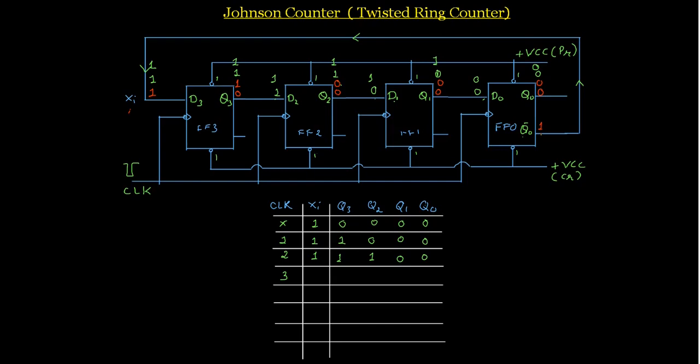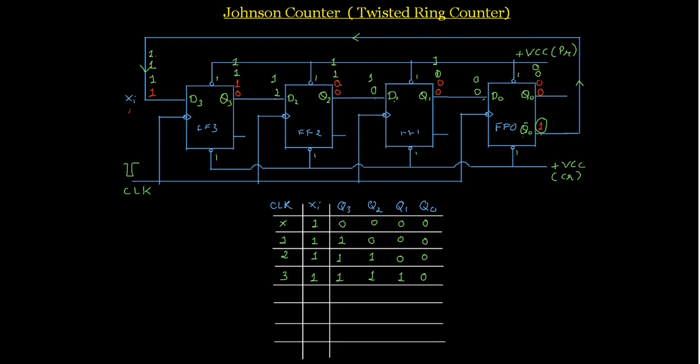So at the end of the third clock pulse, the Xi is 1 because Q0 is 1, so this is remaining high and appears at this point. Then Q3 is 1, Q2 is 1, Q1 is also 1 and Q0 is 0.